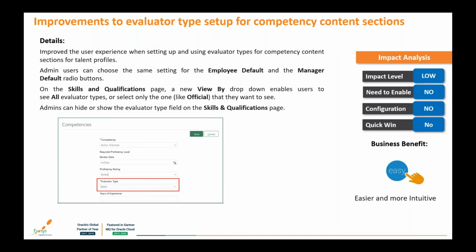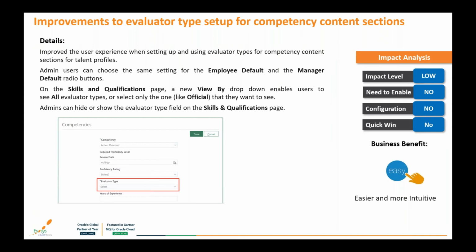If it is coming from any goals as a target outcome, we get the evaluator type as goals. Now there was a requirement: in case an employee or a manager is not able to put in a competency because of some reason, and they are requesting the HR to do it.